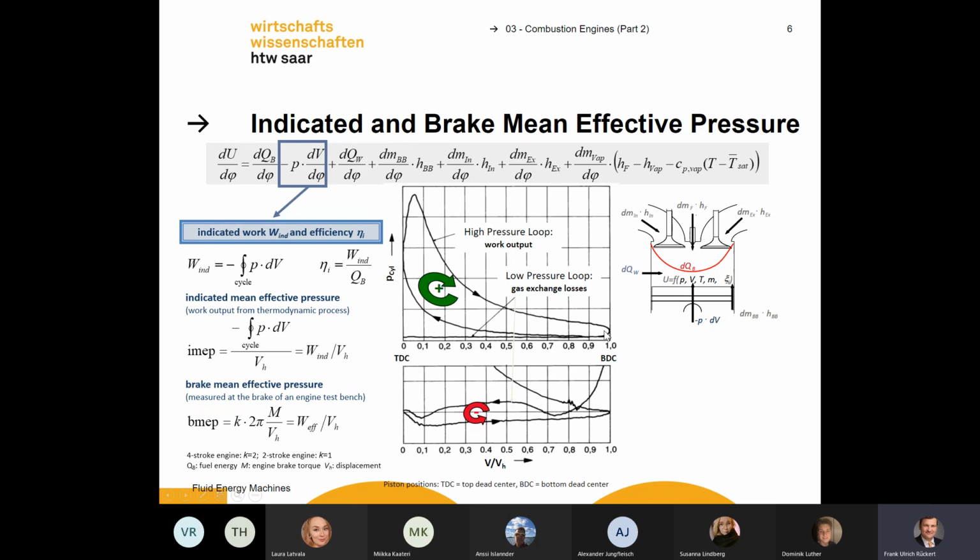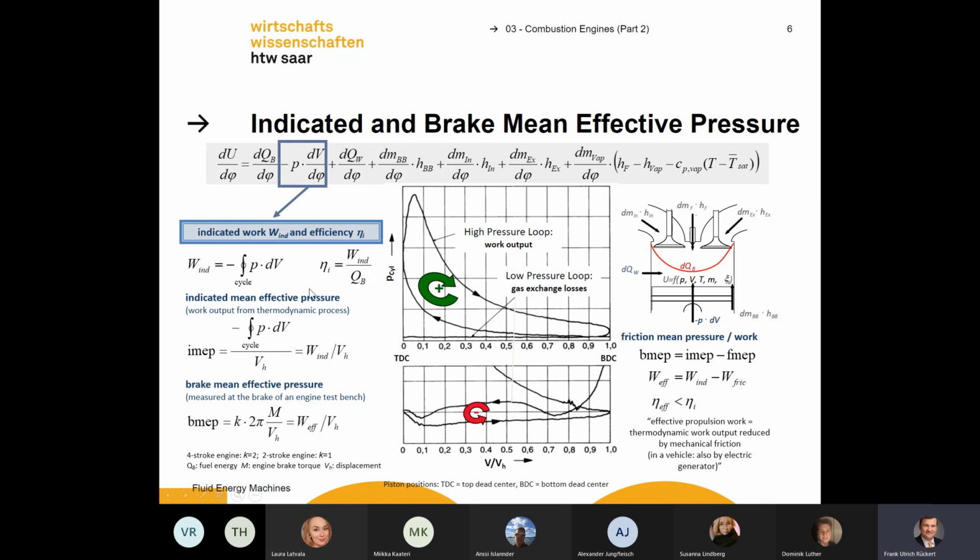If I ask you how much you step on your gas pedal, and you want to explain this diagram to me, you need a lot of time. So we make it a bit easier. We just calculate one mean pressure inside the diagram, and then the engineer can just talk about the mean pressure if they want to characterize this complicated diagram. It's an easier value to explain how much you step on the gas pedal.